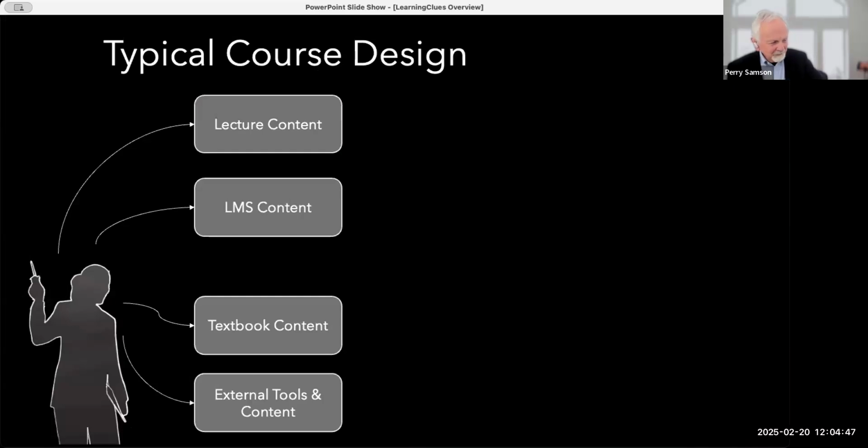The traditional method, the model we probably mostly use, is that we have sessions, lectures, perhaps class sessions where we have discussions, we present material, we engage with the students. We have content that we put into whatever LMS you have: Canvas, D2L, Blackboard, etc. You put content in there for the students to have supplementary material.